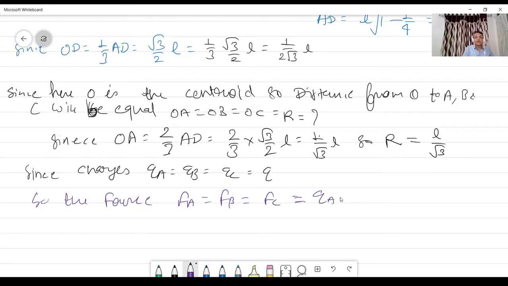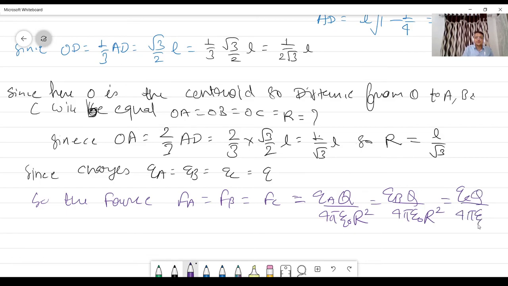So I can write QA into Q upon 4 pi epsilon naught R square, equal to QB Q upon 4 pi epsilon naught R square, equal to QC Q upon 4 pi epsilon naught R square. Hence we can prove that the amount of force due to all three charges on the centroid charge will be equal. The magnitude is equal, but the directions are different.